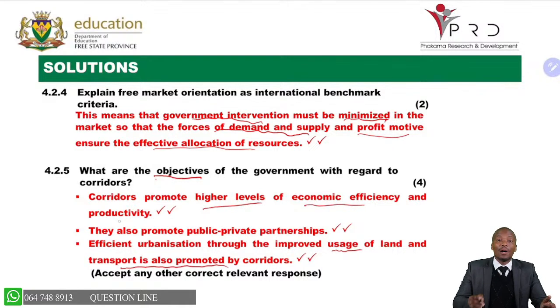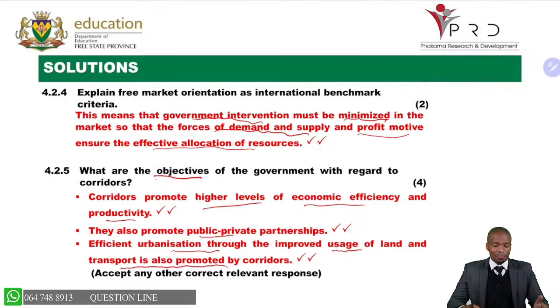They promote the public-private partnerships, and also they help us through urbanization and also the usage of that land for transport purposes. Hence, we are saying those are the aims, but we'll accept any other correct and relevant response, grade 12s. So in short, those are some of South Africa's endeavors in achieving regional development.